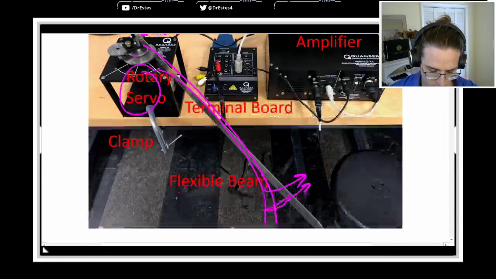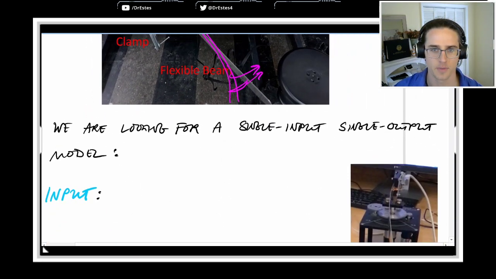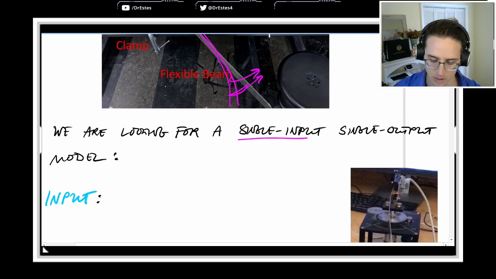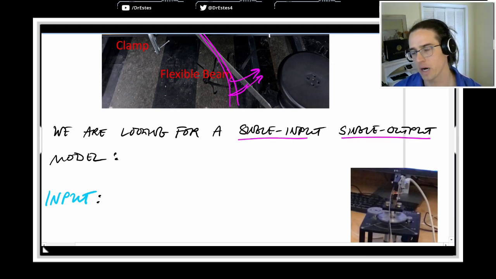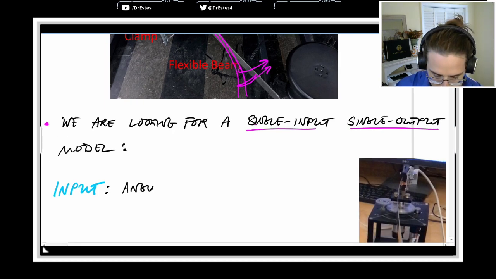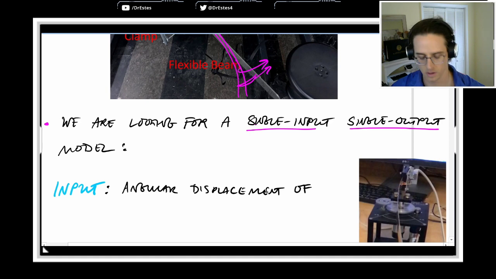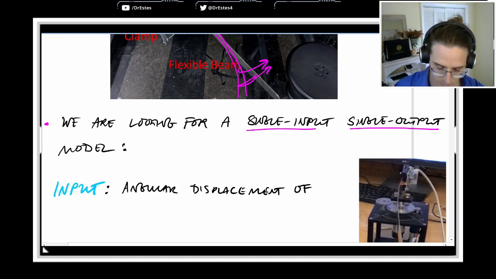Okay, so here we go. When we model this thing, we're going to look for a single input, single output model. So let me explain that a little bit more. Our input to the system is the angular displacement of the servo motor, because the beam is fixed to the servo motor, so as you rotate it back and forth, it's going to affect the beam.